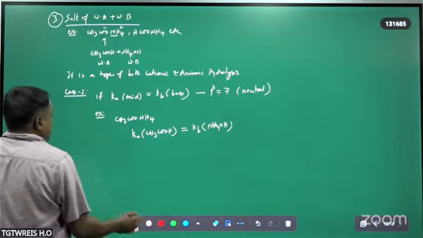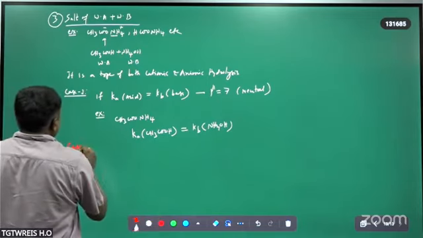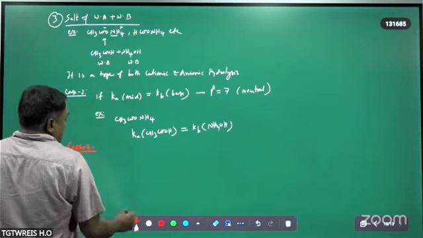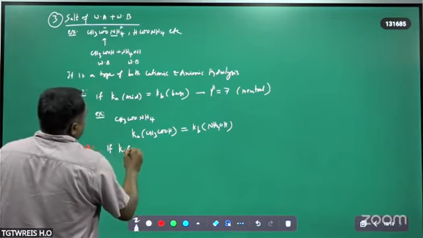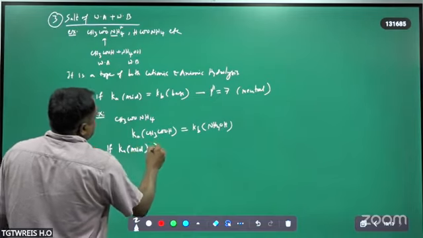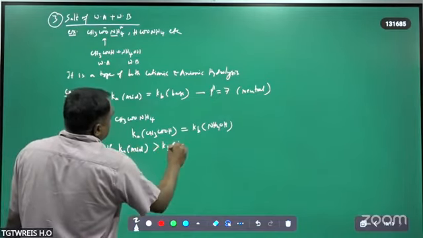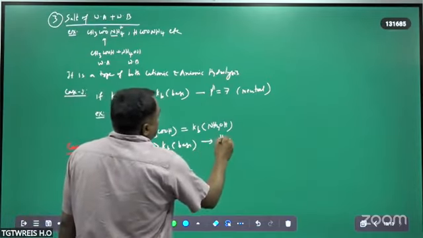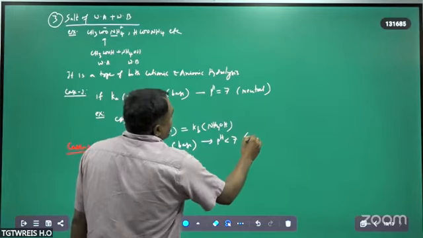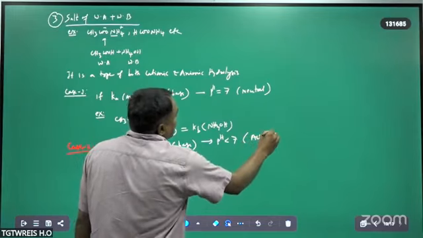Case 2: if Ka of the acid is greater than Kb of the base, pH is less than 7 and the solution is acidic in nature.